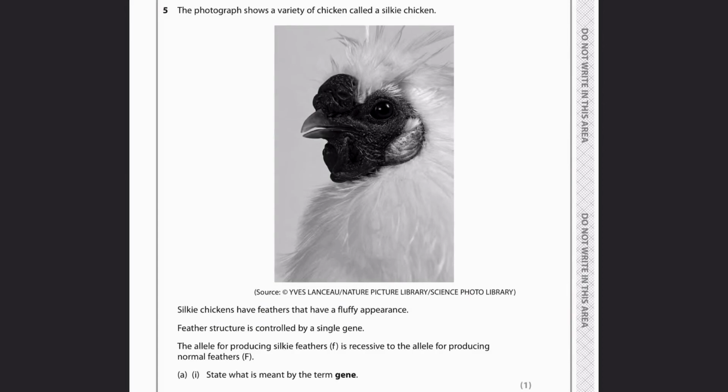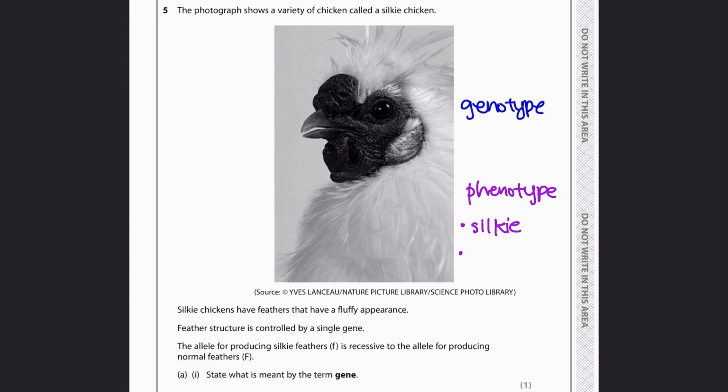So this is a question on a chicken, and let's first determine the genotype and then the phenotype. So what does the question tell us? It says here that some chickens have the silky appearance. And most importantly is this line down here, guys. Look, it says the allele for producing silky feather is recessive. So silky is one of the phenotypes. And then the other phenotype is normal, right?